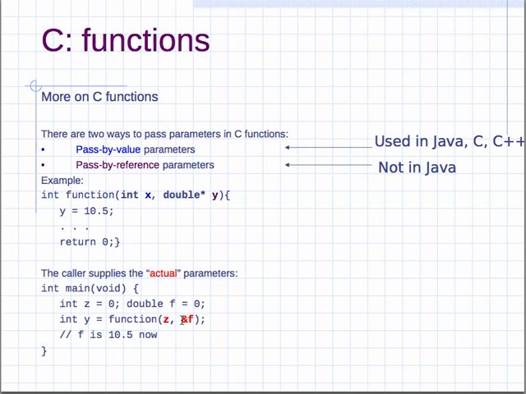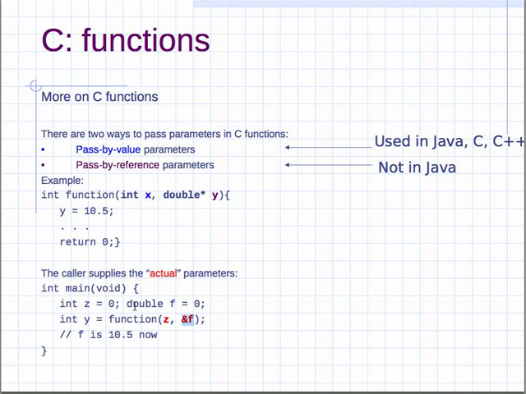And you just have to deal with that, I guess. So you're passing in the address of an object inside the calling function. And so by doing that, we're allowing this function to potentially change the thing that this address points to. In this case, that's f.